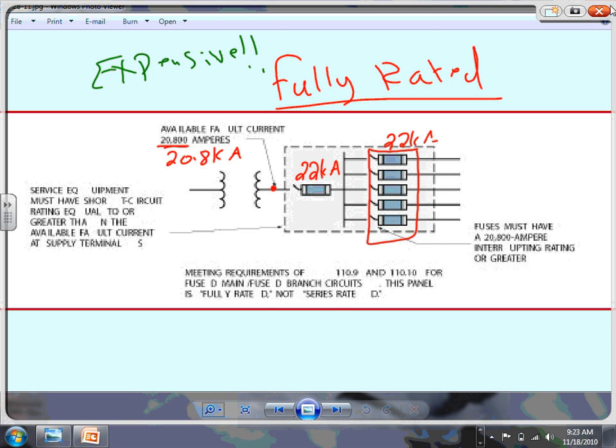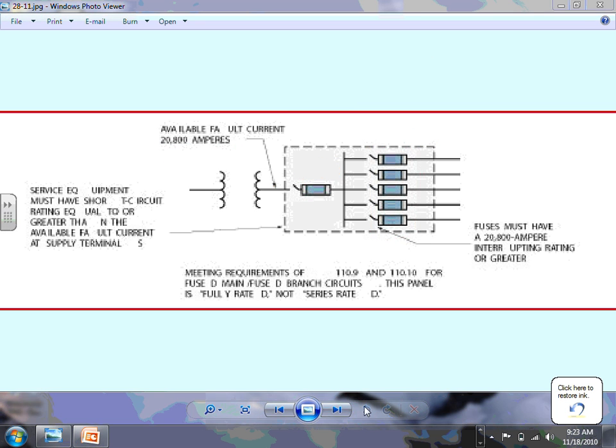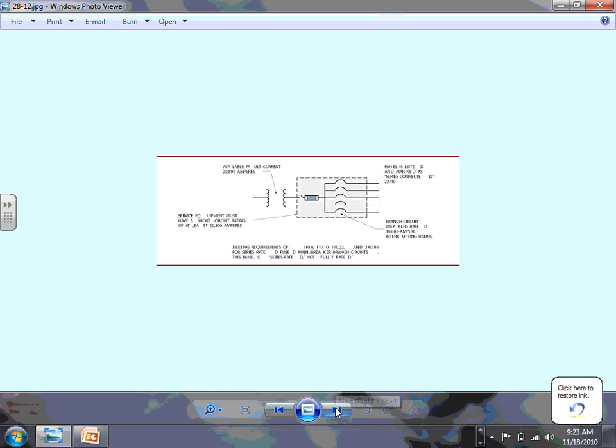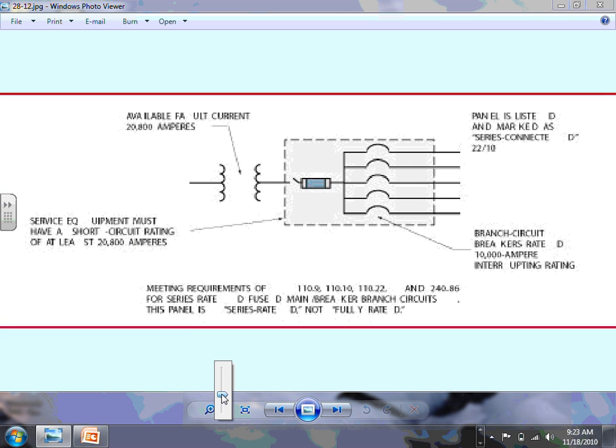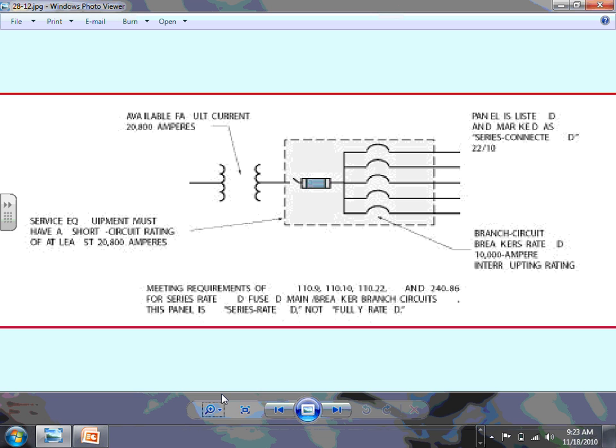Okay, moving to the second one, guys. The second one is what they call series rated. So look at this. Now the same situation, the same panel.